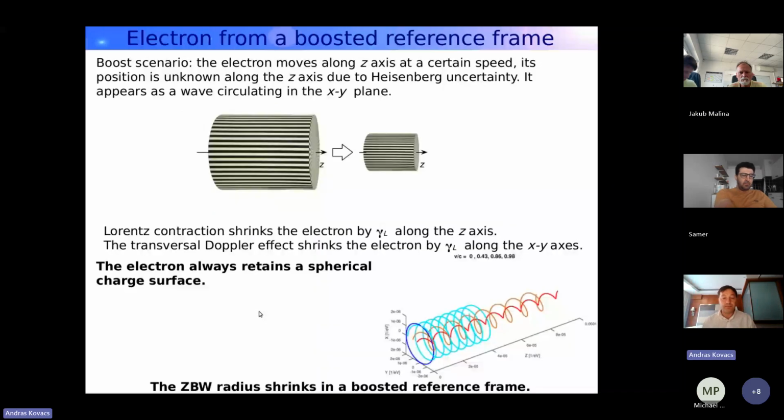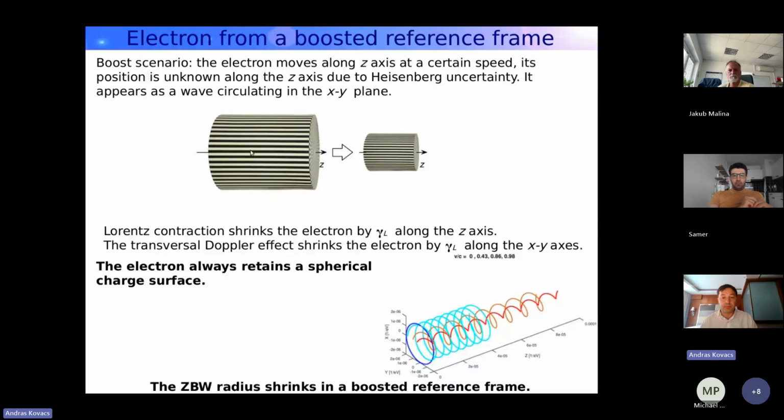Okay, and the next slide talks a little bit about this electron wave induction aspect. The Zitterbewegung you can imagine as a wave going around on the surface of a cylinder.